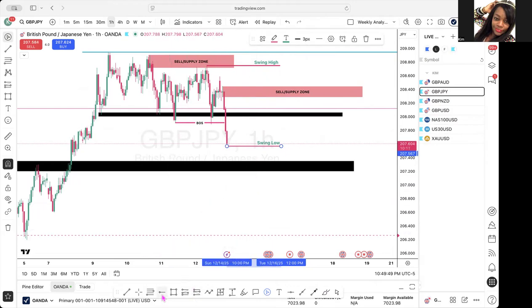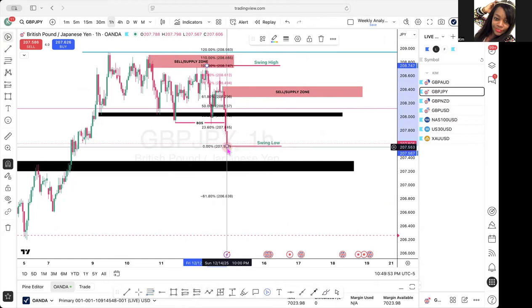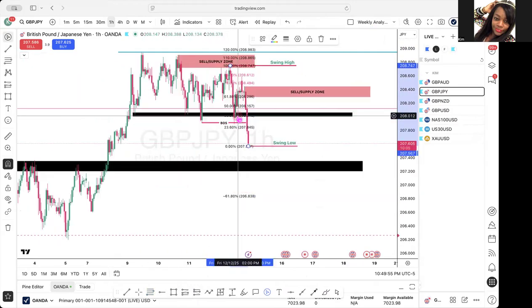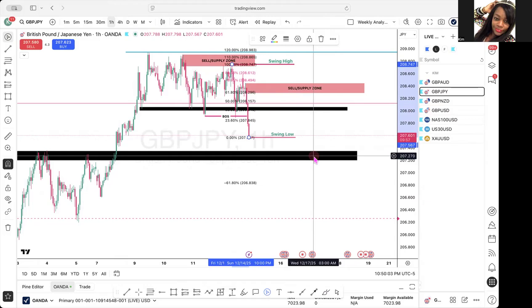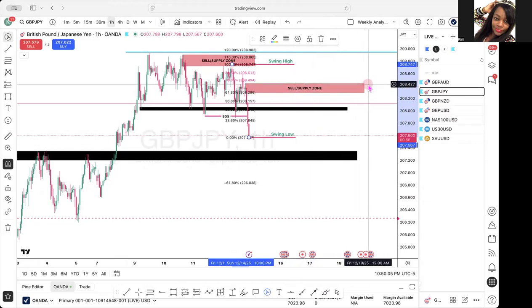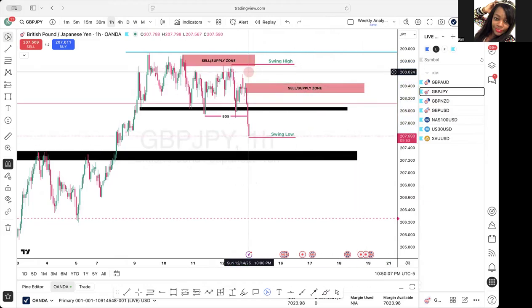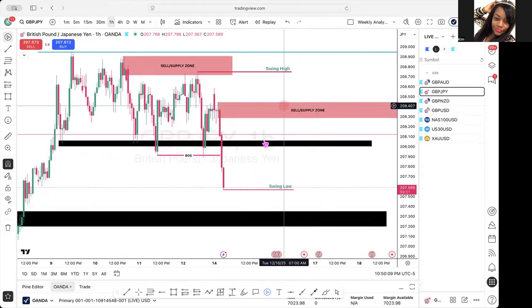Or price is going to pull back to probably a 50% to 61.8% zone, which this supply zone falls in, to possibly continue selling. Okay. So I don't need that to tell me that.